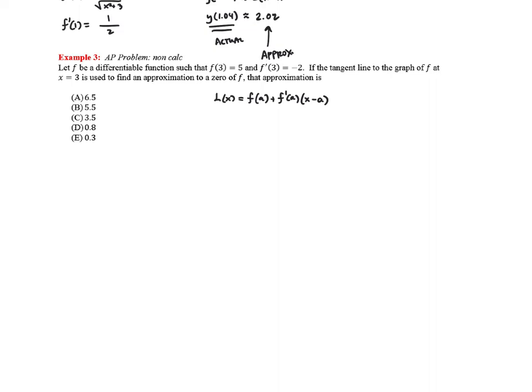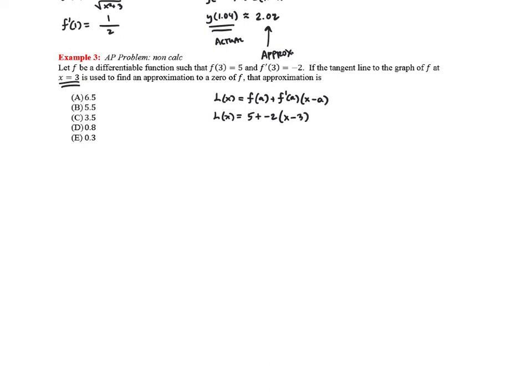All right, so if a tangent line to the graph of f at x equals 3, okay, that means that the point that I'm using is L of x equals f of 3, which is 5, plus f prime at 3, which is -2, times x minus 3.